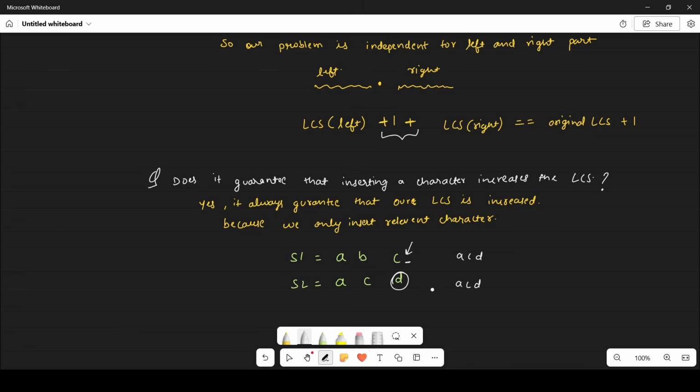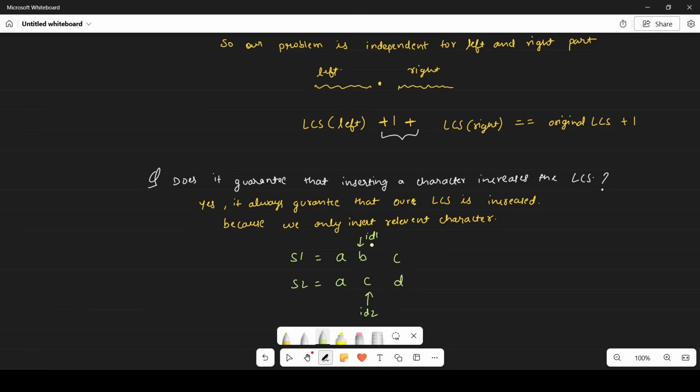Let's see another placement case also. So let's say you are in between of this character. So the index ID1 is this character and ID2 is this character. So this is ID2 and this is ID1, and you decide to insert in between this. So which character do you try to insert?